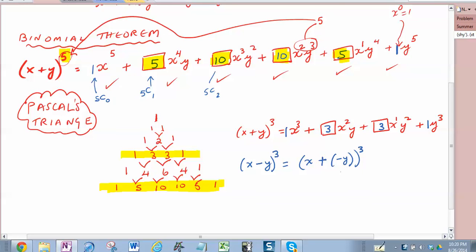So all I need to do is to write negative, oops, fix that. This was negative y. So wherever I had y, I'm going to write negative y.